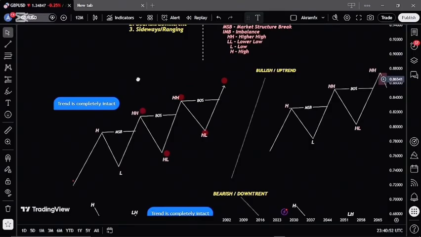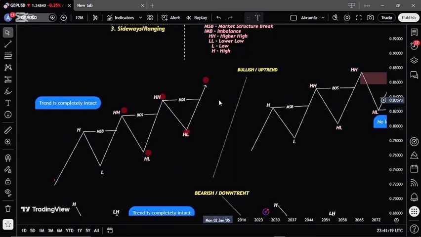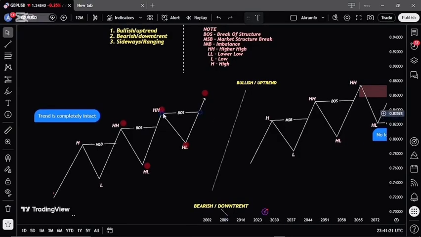So a higher high is made after breaking a high, so we call this a market structure break or a break of structure. When we break a higher high and we close above it, then we create another high. The price has to come back to create a higher low and then break even to create a higher high.